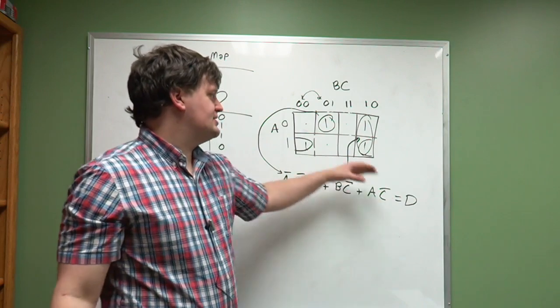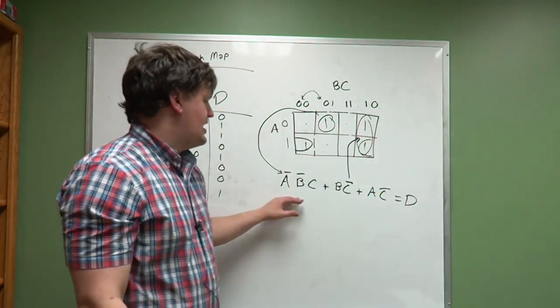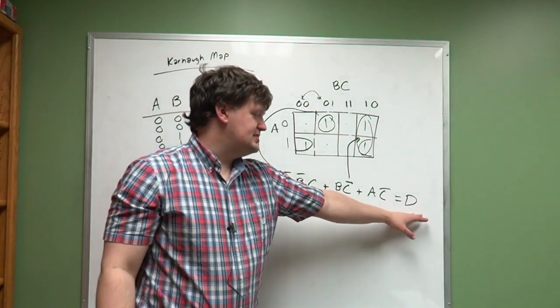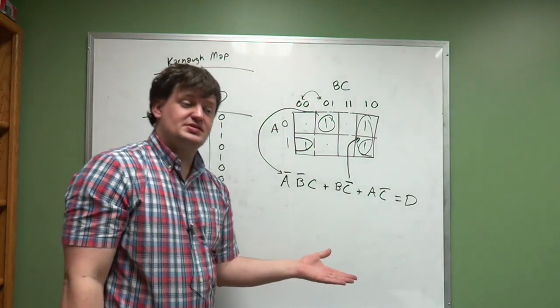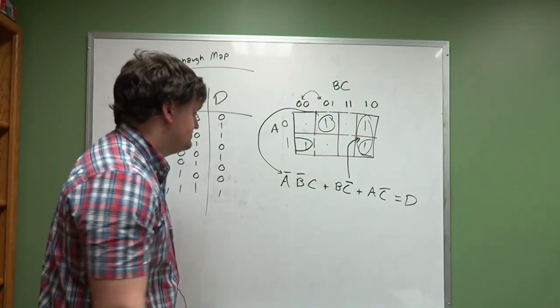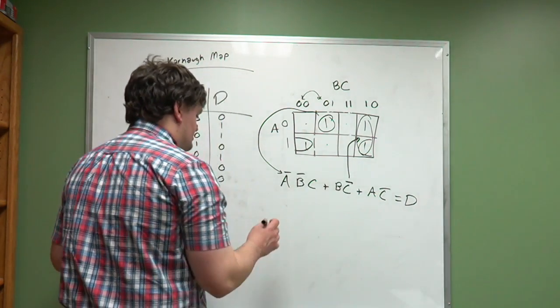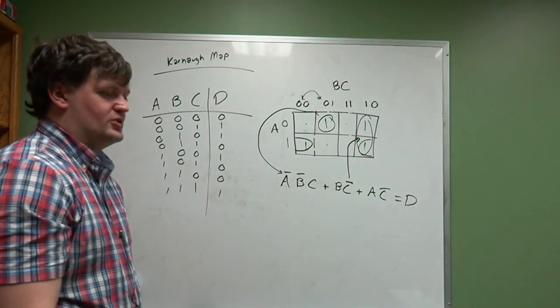And we have A, C naught, which is these 2 boxes over there. If we add those together, we get D. Okay, now we can take this expression, based on what we did last time, and write it as a logic gate series. So, whiteboard.